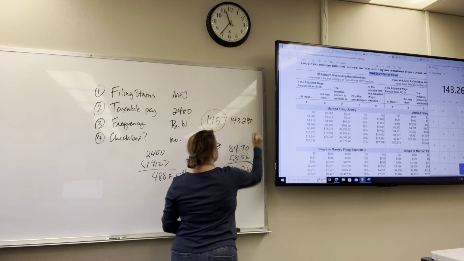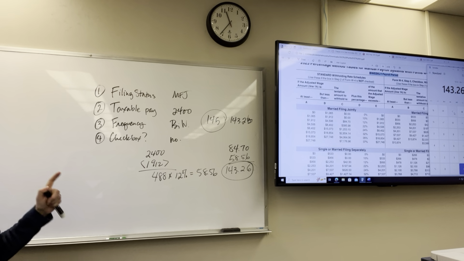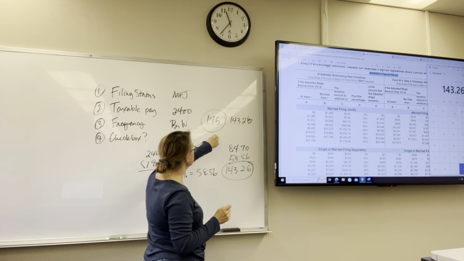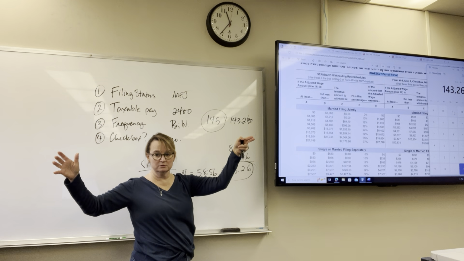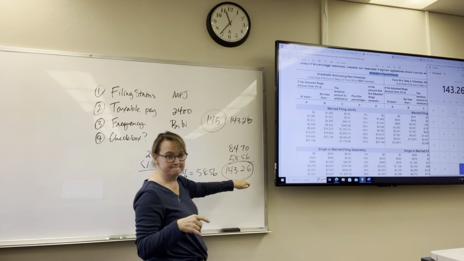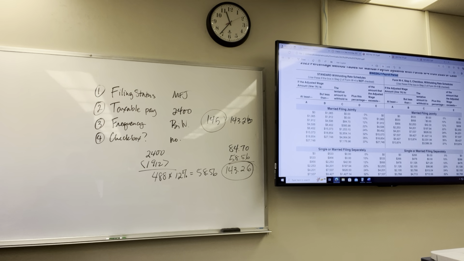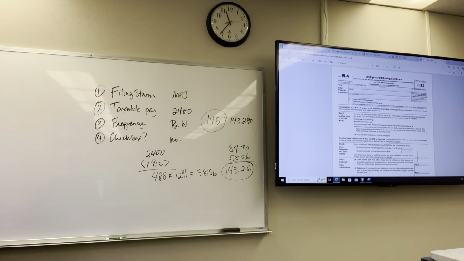Okay, 56 there. Again, slightly different because the table is incorporating a range, while this is based on the exact pay. But a minimal difference between those two. Questions?